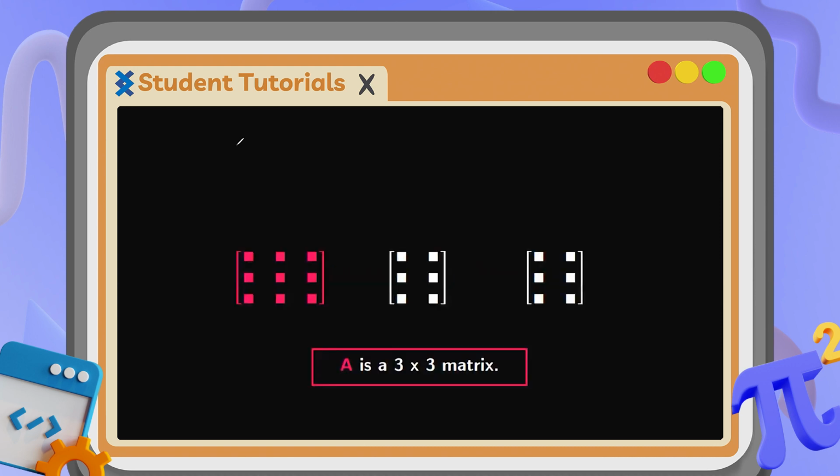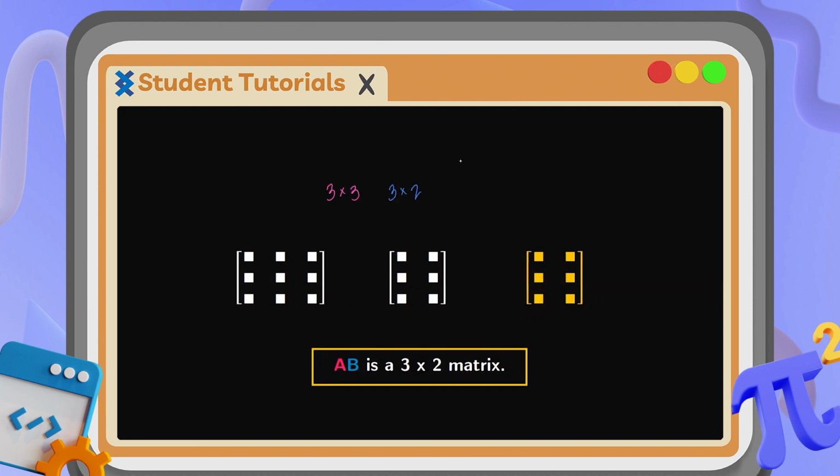So first, we will define our matrices that we will use for matrix multiplication. So here we have A, which is a 3 by 3 matrix. B is a 3 by 2 matrix, which means our product AB is a 3 by 2 matrix. Why is that so? Again, matrix A is 3 by 3, and our matrix B is 3 by 2.